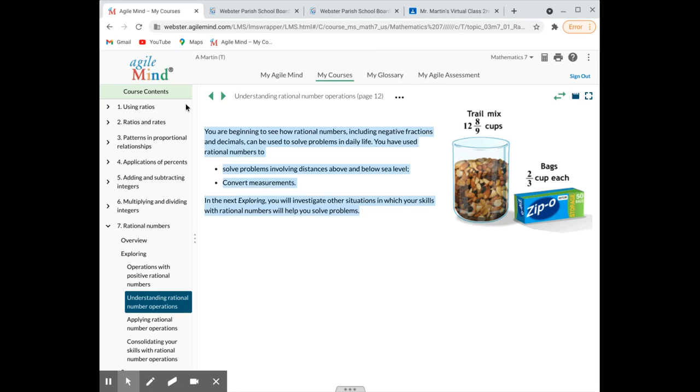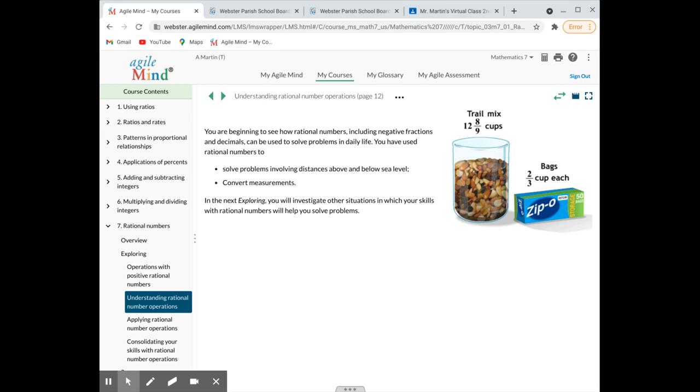Jemiah, will you read this for us? Yes, sir. You are beginning to see how rational numbers, including negative fractions and decimals, can be used to solve problems in daily life.